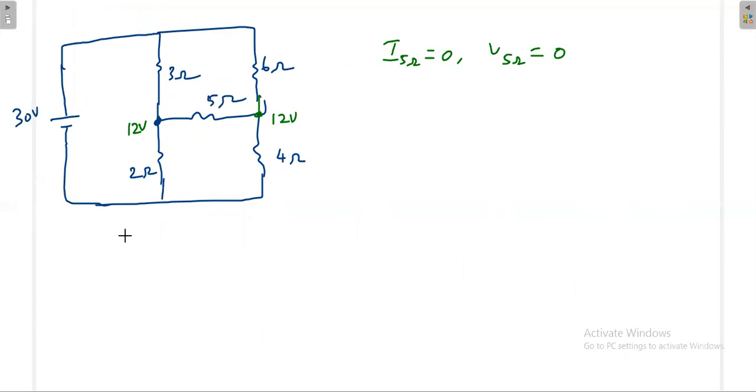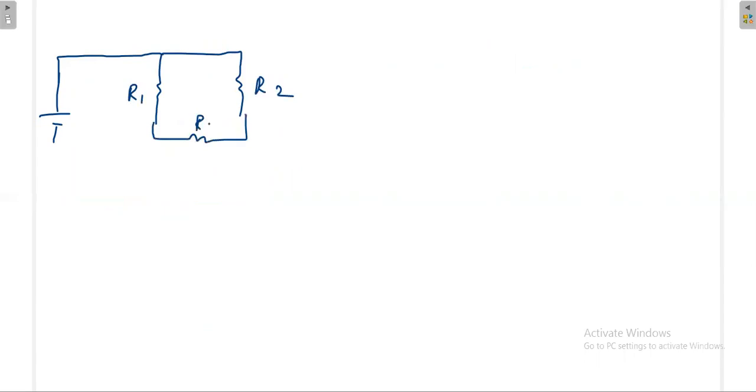Once you have the resistances like this, I'll write on the next page. Say some voltage source is given, this is R1, R2, this is RL, R3, R4.